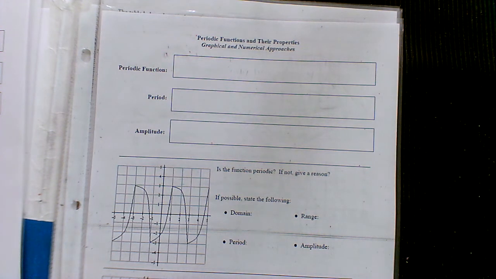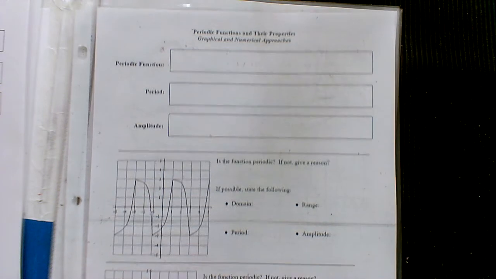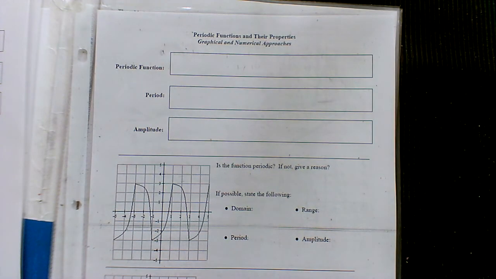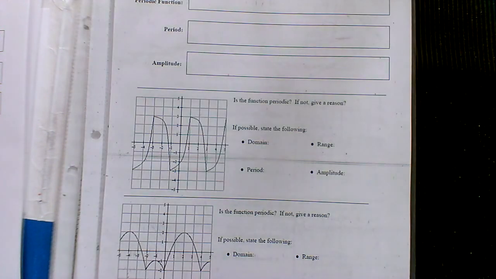A periodic function. Maybe you can take a look at the graphs down below as a little hint. Yeah? What do you mean in a row? A sequence or a pattern? Yes. If you take a look at the graphs down below, notice how the graph essentially repeats itself after so long.